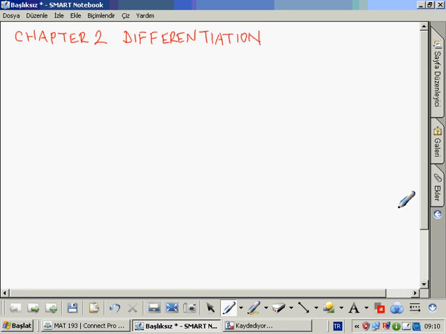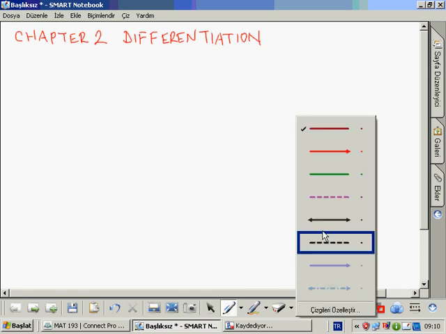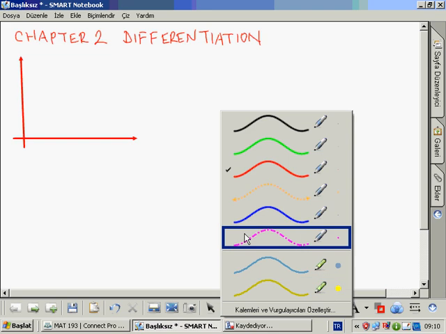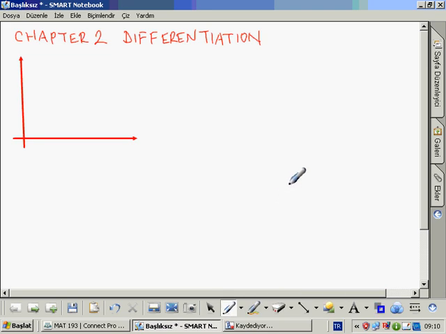We will start chapter two, which is the differentiation chapter. For this chapter, let's sketch a graph which is related to differentiation. This is our C curve.